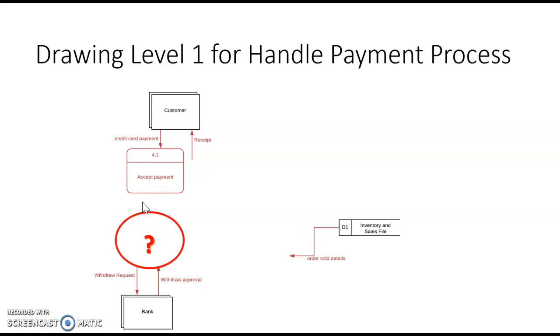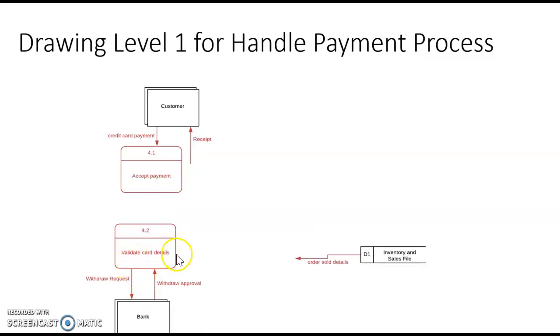Okay, what should I do then? I will validate the card details. The withdrawal request will be sent to the bank, and then an approval will be collected from the bank. We didn't consider a refusal of the card. We just took the positive one, that the bank will approve immediately the payment.